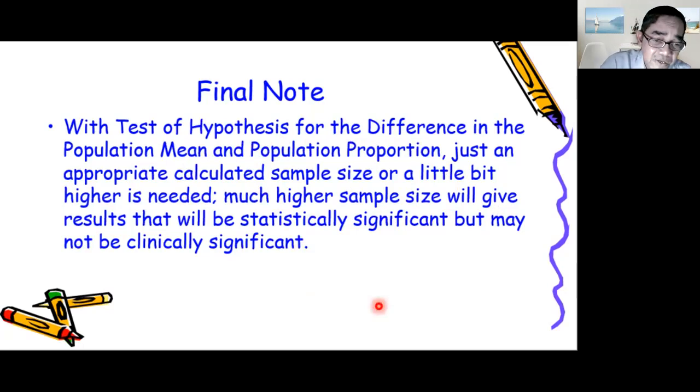And that's the reason why we need just enough sample size for a test of hypothesis, not very large, not very small. Because with very, very small sample size, the opposite will apply, meaning with much lower sample size, there may be a clinically significant difference, but it may not be statistically significant.